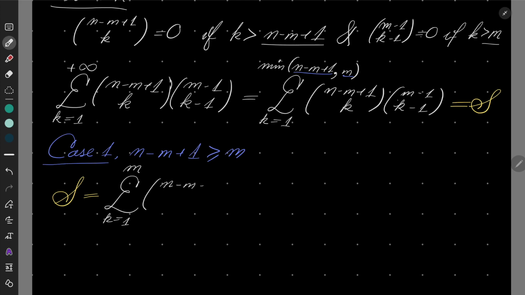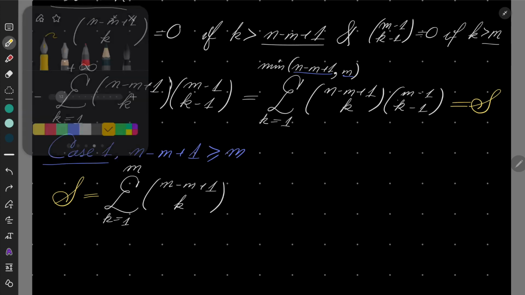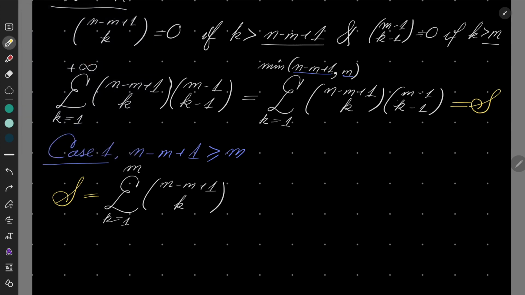Of n minus m plus 1 choose k, and for the second part, I will use the fact that there is some kind of symmetry going on with binomial coefficients, namely, m minus 1 choose k minus 1 is the same as m minus 1 choose m minus 1 minus (k minus 1).